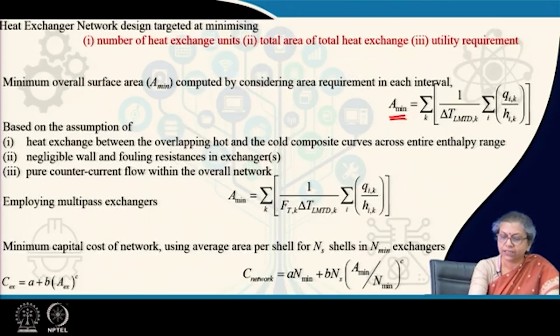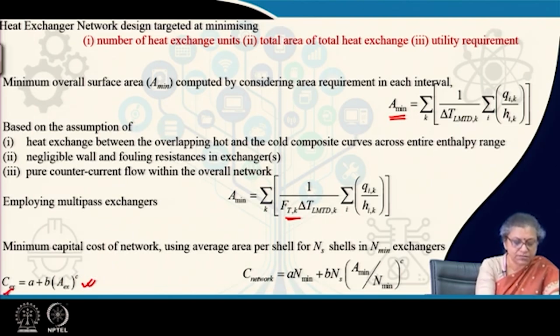Naturally, accordingly we can find out, definitely all of these exchangers cannot be counterflow exchangers, because whenever we use shell and tube there is some amount of multipassing, so in that case you can take FT. And accordingly the exchanger cost is related to the exchanger area by a power law.